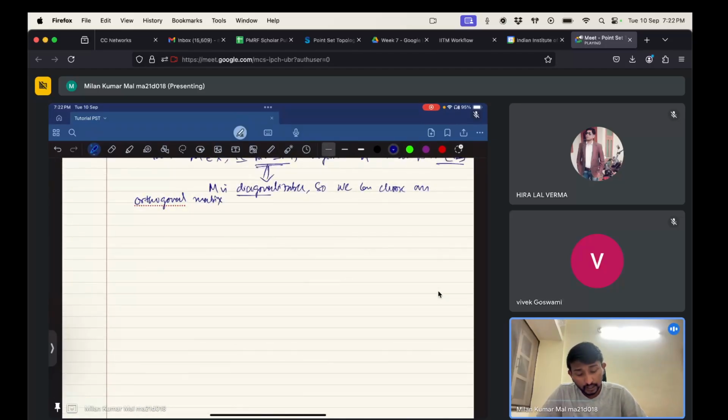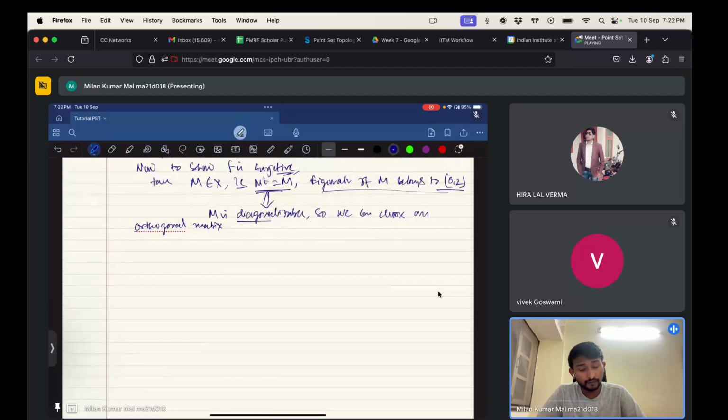So if M is a matrix which is symmetric and all the eigenvalues belong to the interval (0, 2), then M is diagonalizable.